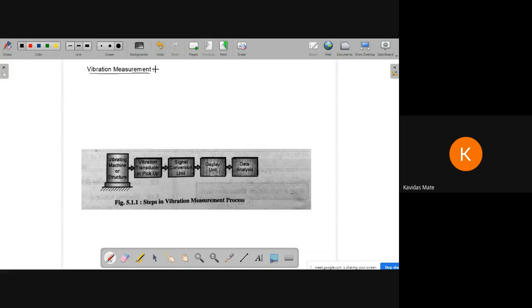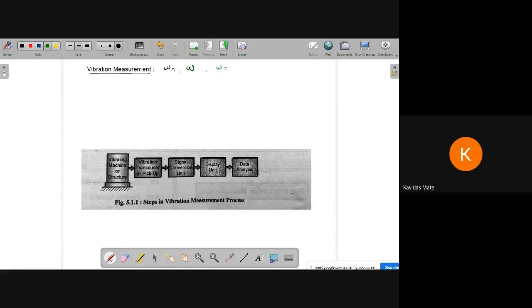First of all, we know every system has its own natural frequency, called omega n. Now, when the system is set into dynamics, it is excited by a certain frequency, that is omega.